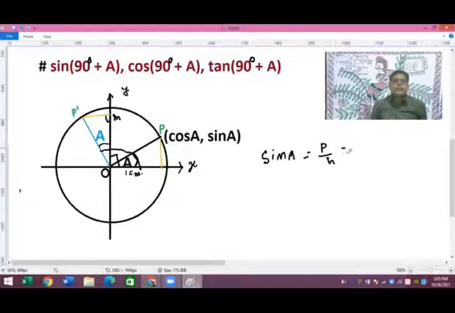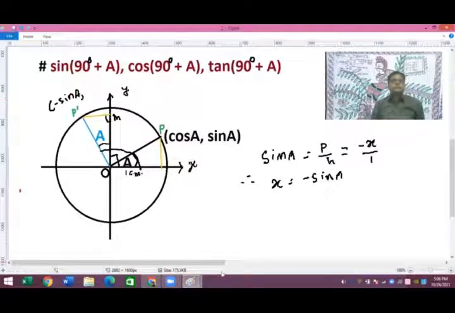So let's check what the perpendicular is here. For this triangle, the perpendicular is P dash M, and P dash M belongs to x. That means x is negative in this case because it is behind the y-axis, and H is 1, and therefore you can say that x equals minus sine A. That means we obtained the x coordinate as minus sine A, that is negative sine A.